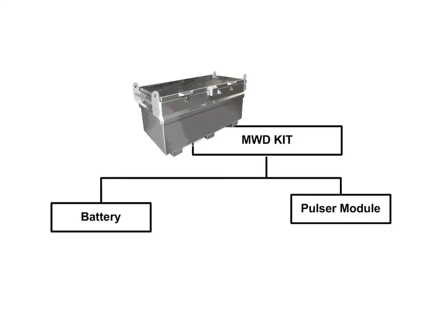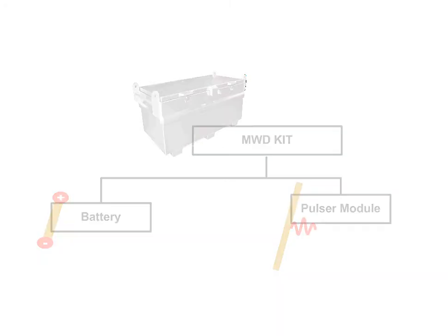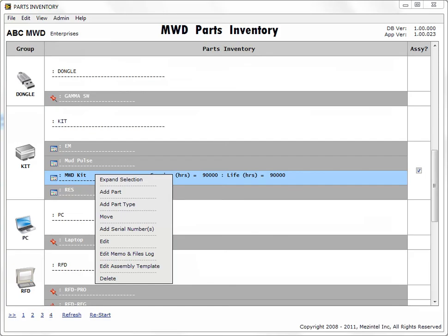An assembly template was also defined for that kit. And to keep the example simple, we considered only two tools to be added to the kit, namely a battery and a pulsar module. Now that template can be examined by choosing the Edit Assembly Template menu item.